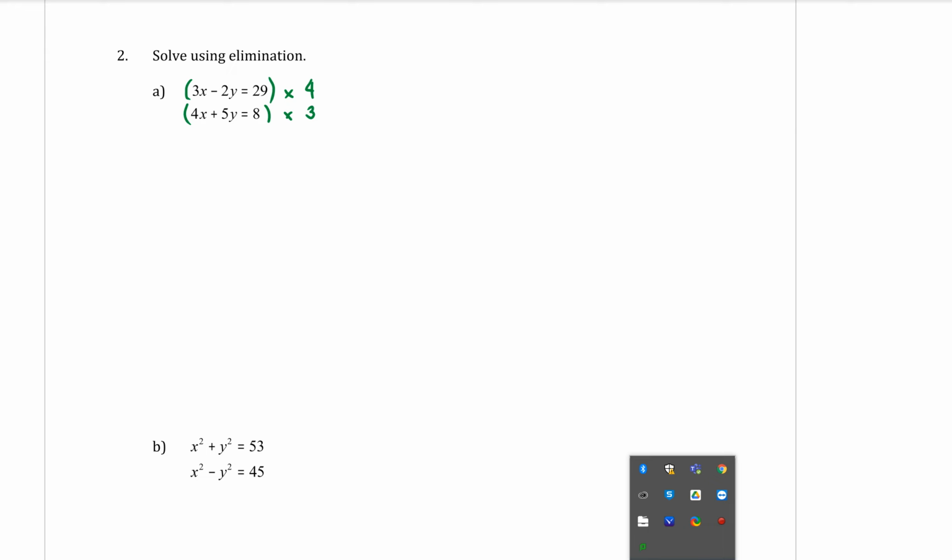So then, let's times those through. 3 times 4 is 12x minus 2 times 4 is 8y and 4 lots of 29, 116. All right, second equation times everything through by 3.